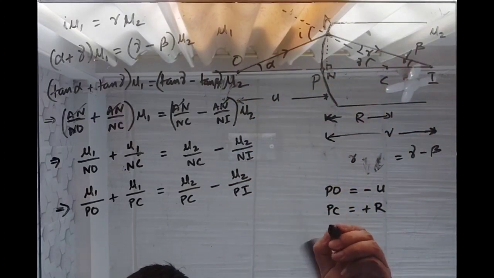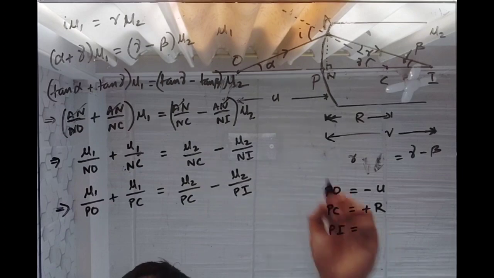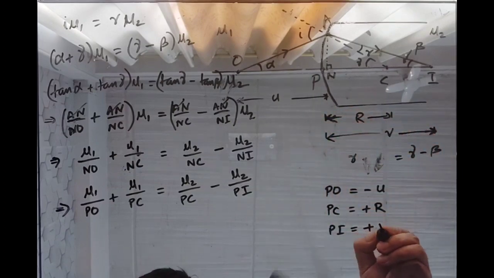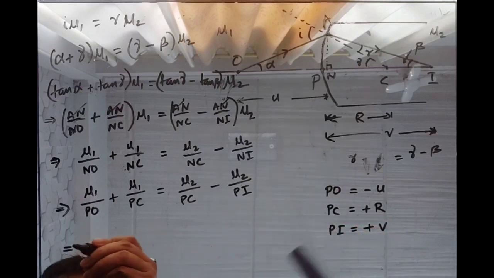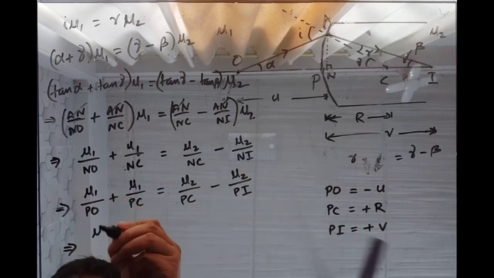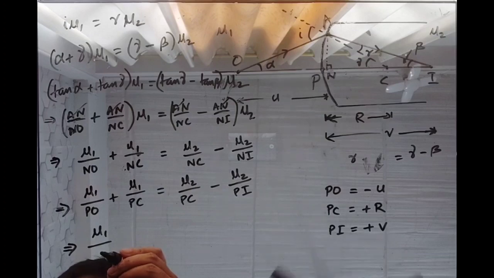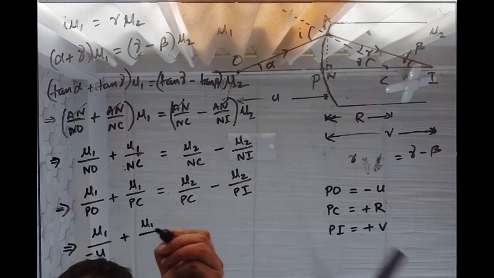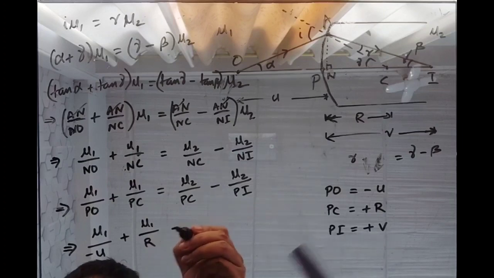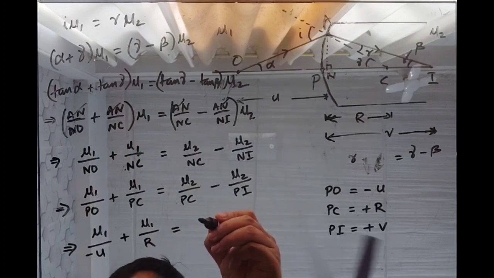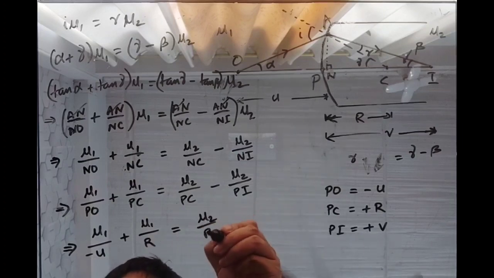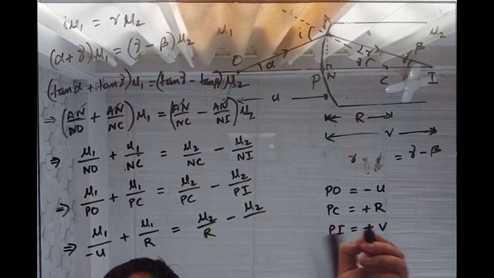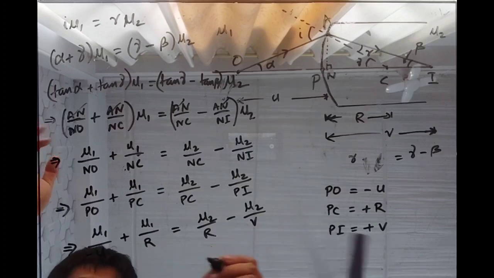Then PI is positive, so it is plus V. So mu1 by minus U plus mu1 by R equals mu2 by R minus mu2 by V.